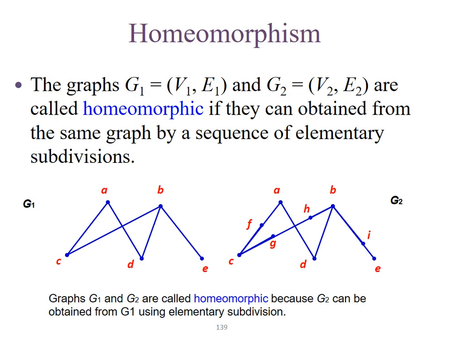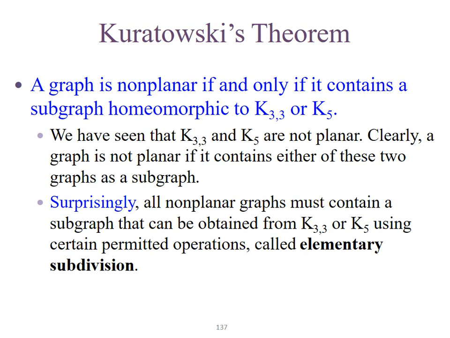You may consider this very simple, because I just told you all non-planar graphs must contain K3,3 or K5. If you can find K5 or K3,3 in the graph, you can apply Kuratowski's theorem to claim it's non-planar.